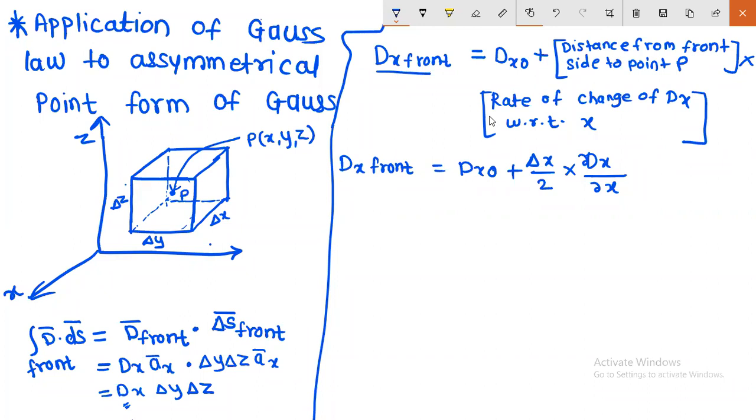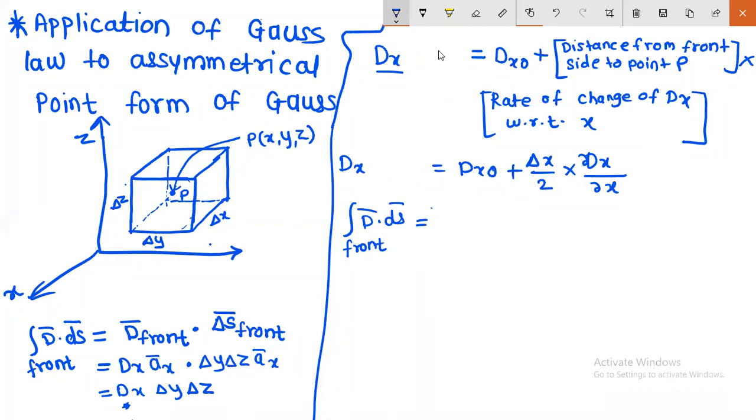We take the integration for the front side of D bar dot dS bar, which is equal to dx.